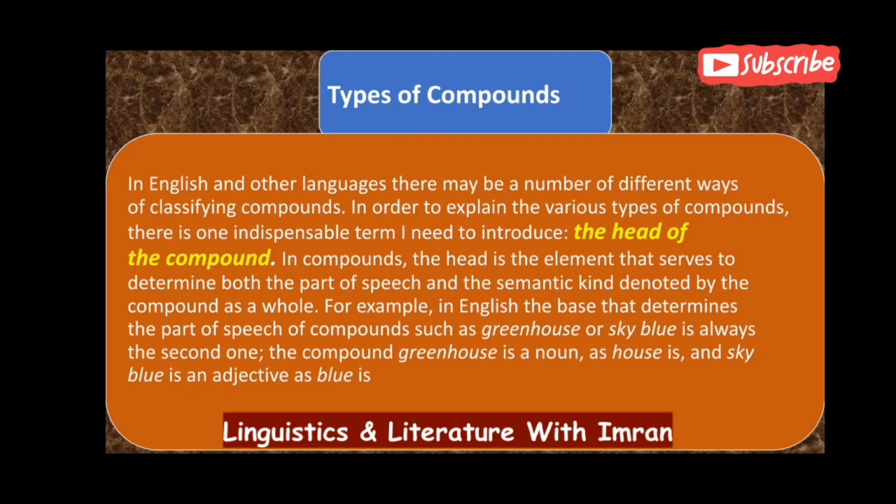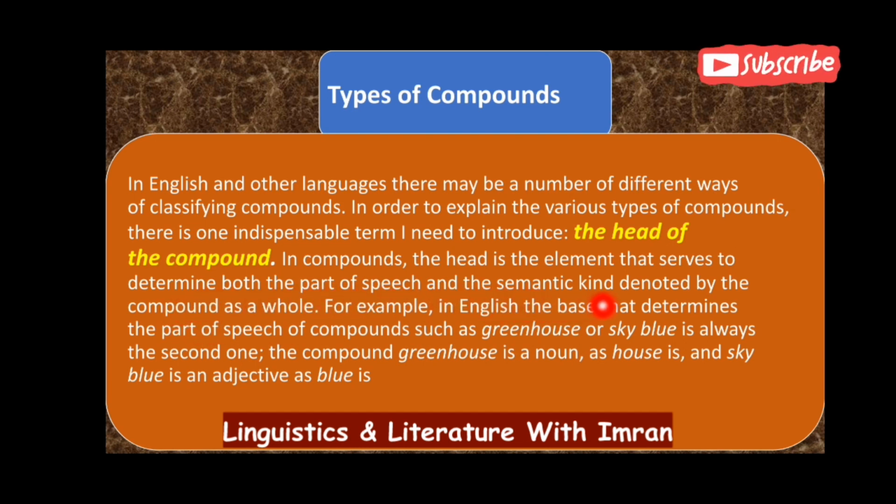So which one is color? This one, sky blue. So the first determines a kind of building, and this will determine a kind of color. So that is now the semantic meaning of this word, denoted by the compound as a whole.